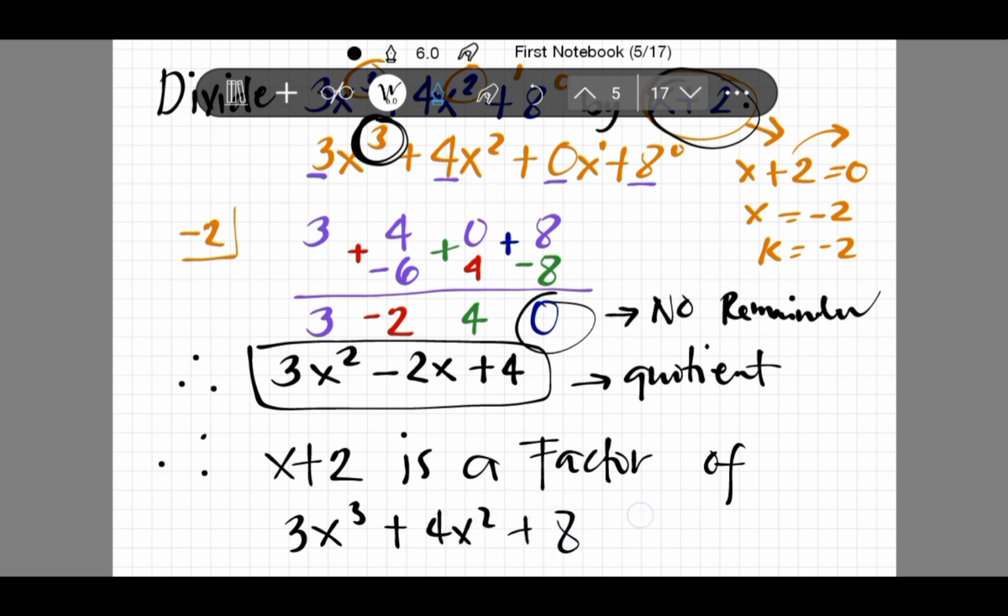So this is the original dividend. Again, since the remainder is 0, the divisor x plus 2 is a factor of 3x cubed plus 4x squared plus 8. On the other hand, if the remainder is not 0, then the given divisor is not a factor of the given dividend.